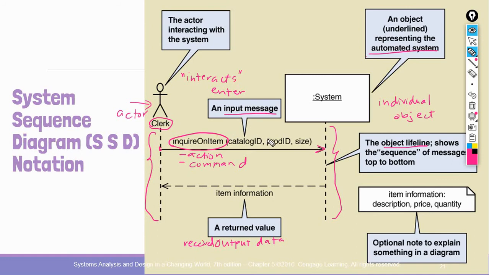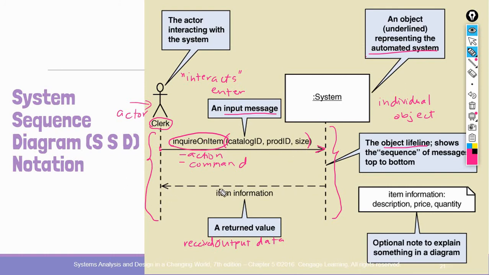The input data that is sent with the message is contained within the parentheses, and in this case, it is data to identify a particular item. The syntax is simply the name of the message followed by the input parameters in parentheses. This form of syntax is attached to a solid line with an arrow.